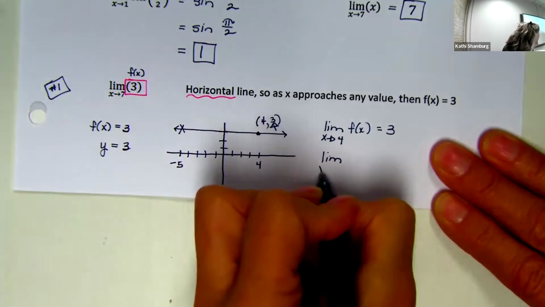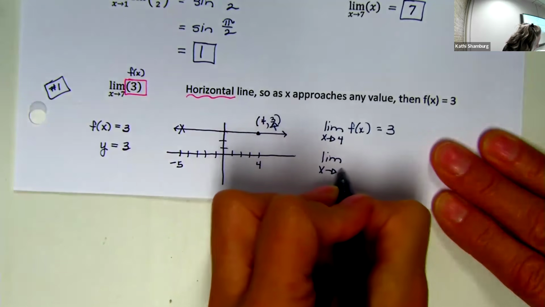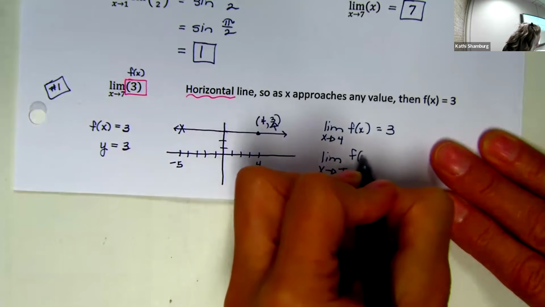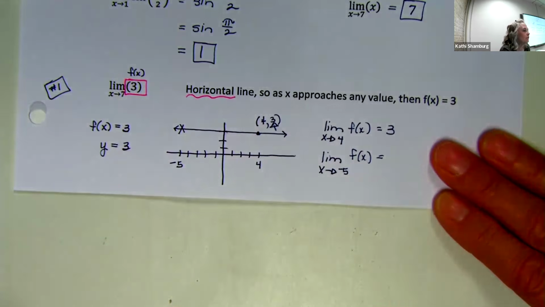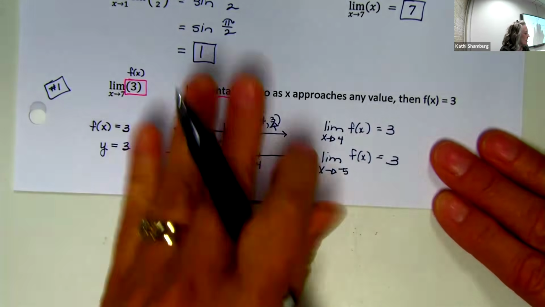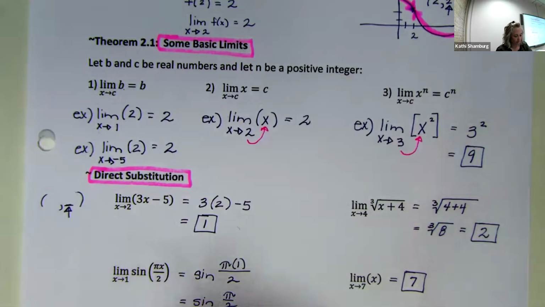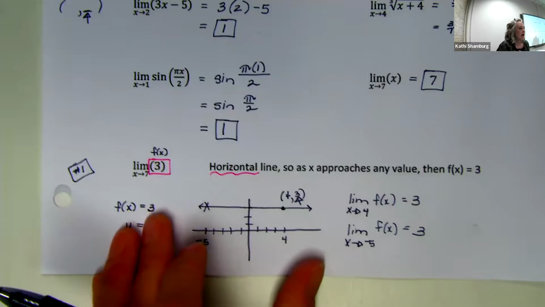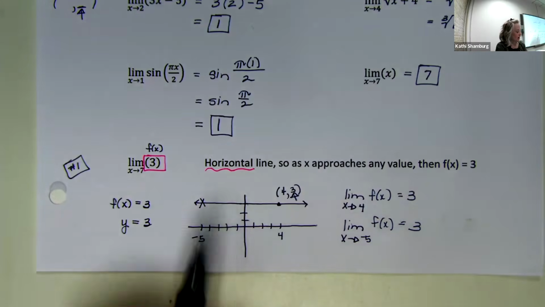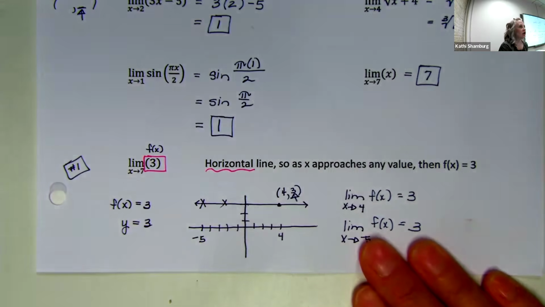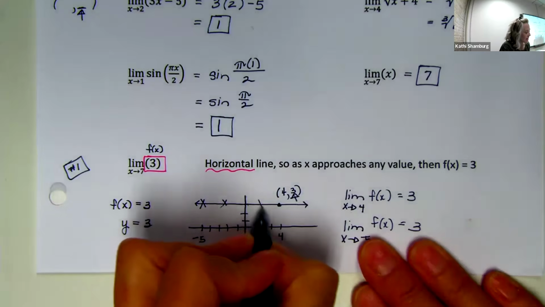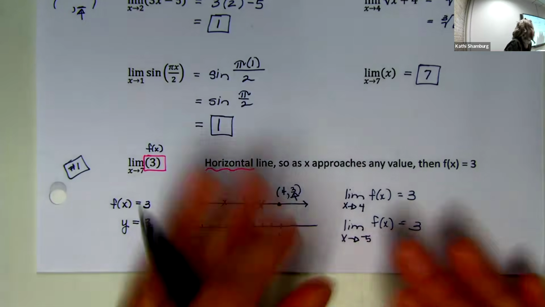The limit as x approaches negative 5, what would that be? So that's why the limit of a constant is just a constant. I mean, if I chose this one, it's still going to have a limit of 3. All of them would.